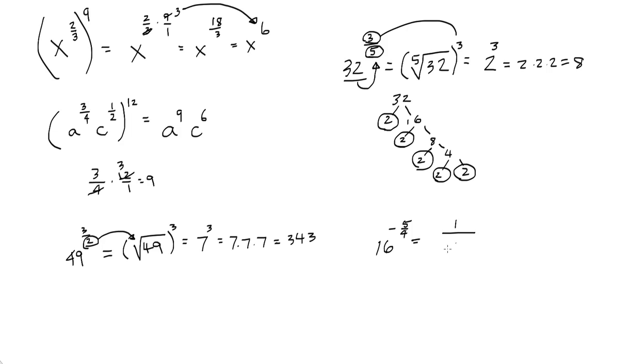That's 1 over 16 to the 5/4. And then I'll rewrite my 16 to the 5/4 as a radical. That's the 4th root of 16 raised to the 5th. Well, what times itself 4 times gives 16? 2 times 2 times 2 times 2. 2. So I've got 1 over 2 to the 5th, and 2 to the 5th is 32, so 1/32.